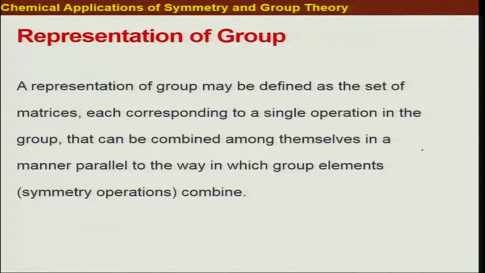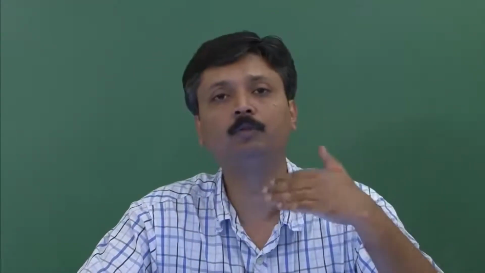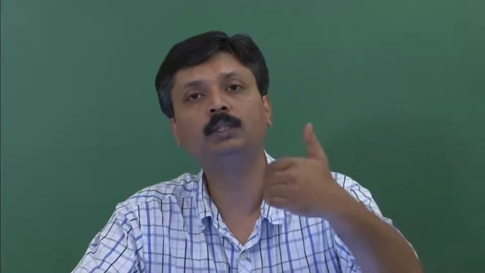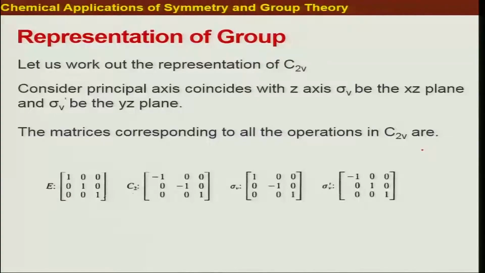Moreover, when we combine two such matrices which represent two symmetry operations, the resultant matrix is a representation for the symmetry operator that we could find upon the combination of the original two symmetry operators. So we can cross check that.